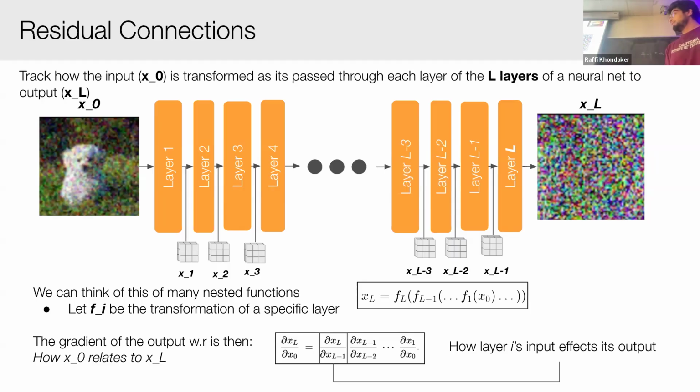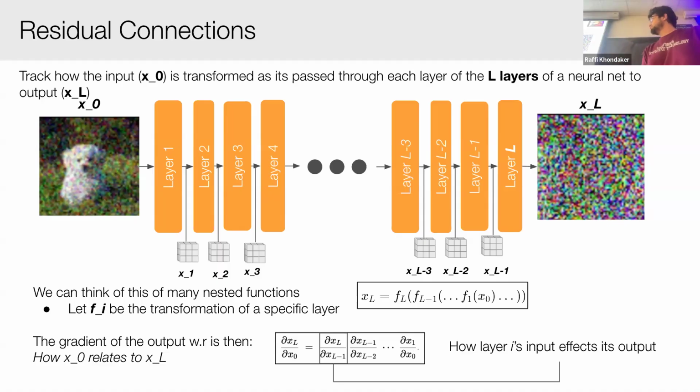Okay, great. So then the intuition is, what are gradients in this case? Remember, when we backprop this, we're going to have the gradient for each intermediary value. So what does the gradient of X naught with respect to XL mean intuitively? It means how a change of the input image impacts what the output looks like.